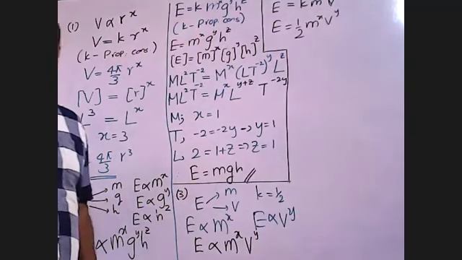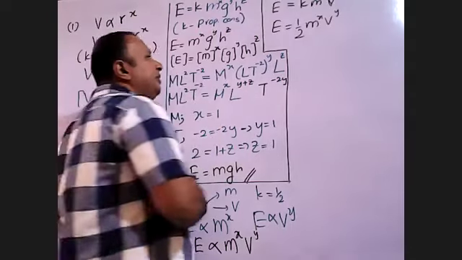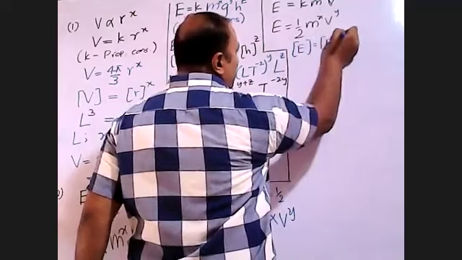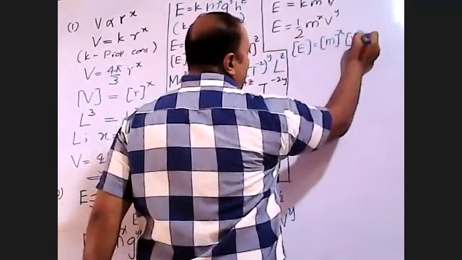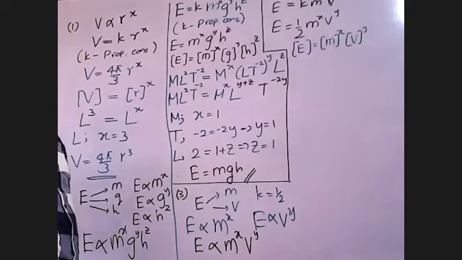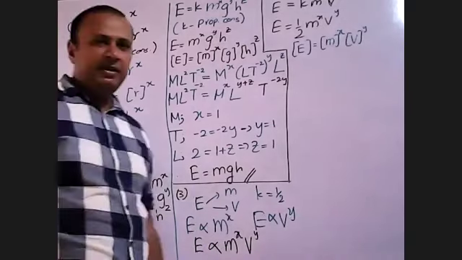Then I can dimensionally equate these two sides. The dimension of E is equal to the dimension of m to the power x, dimension of v to the power y. You can write the dimension of half, but it is just a number.